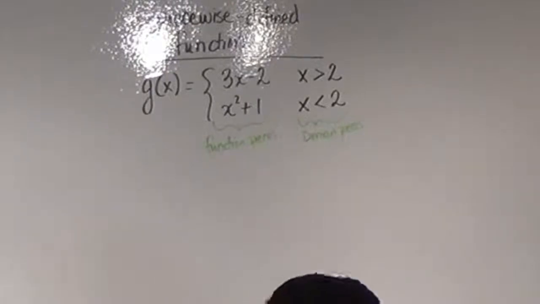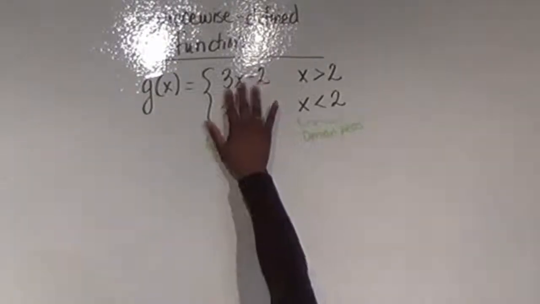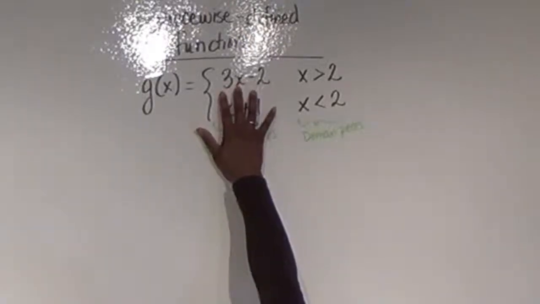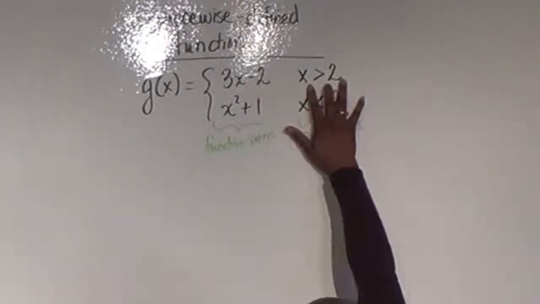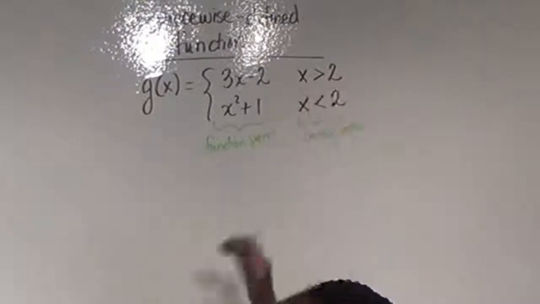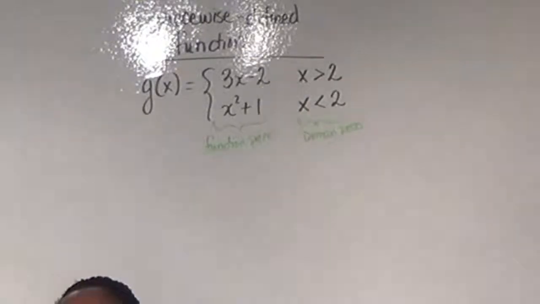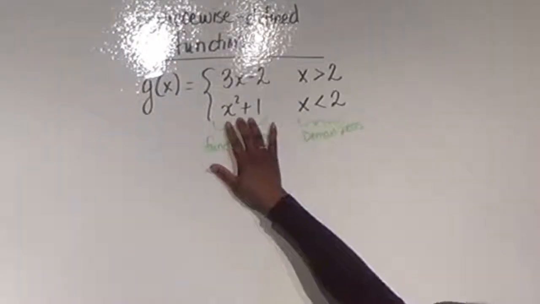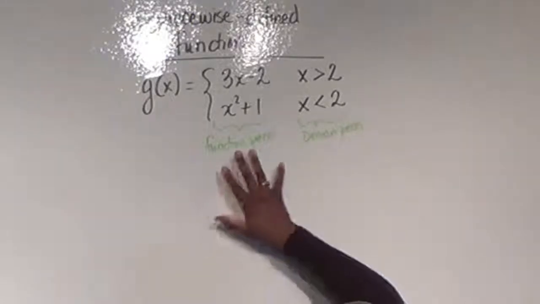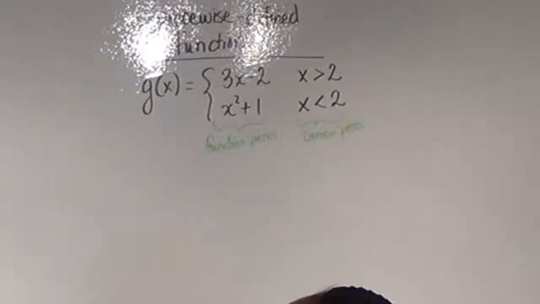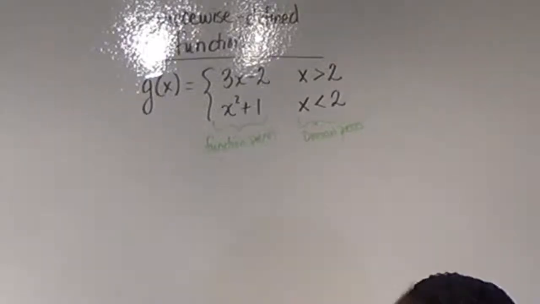That means when I'm looking at this piece, meaning the 3x minus 2, I'm only going to consider that on the domain x greater than 2. It doesn't matter that the domain for that function is all real numbers. I'm only going to consider it on that piece of the domain. Same thing for this one. If I look at x squared plus 1, that function piece, I'm only going to consider it on the domain x less than 2.